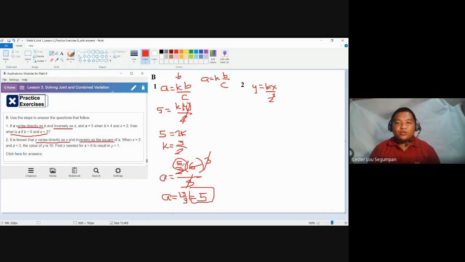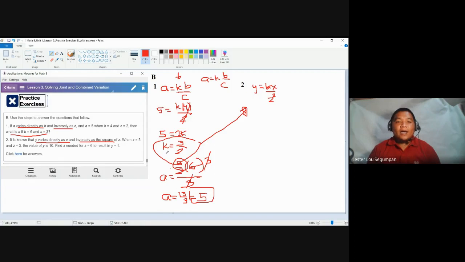As for number 2, do not use K here. Why? Because they are different situations. I would like to emphasize that K is a constant of proportionality for problems on the same situation. But as for number 2, they are not on the same situation.